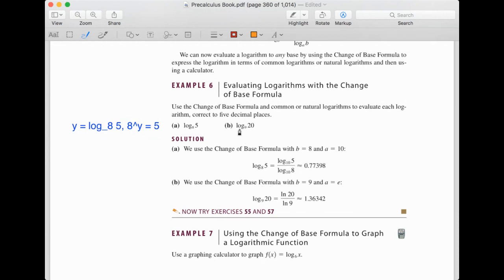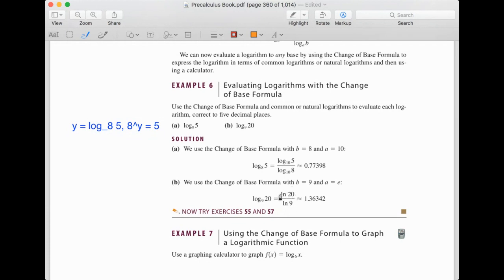And the second one is log base 9 of 20, right? What does this expression mean? It means 9 raised to what power equals 20? There's no log base 9 in the calculator, so what do we do? We change the base. We can change it to be log base 10 of 20 divided by log base 10 of 9, or we can change it to be natural log of 20 over natural log of 9.